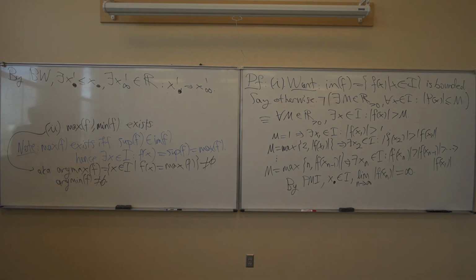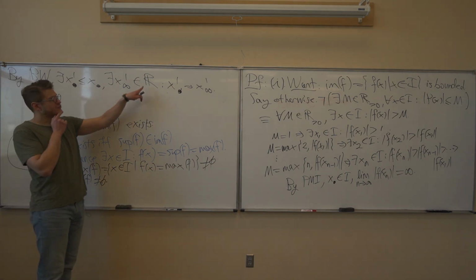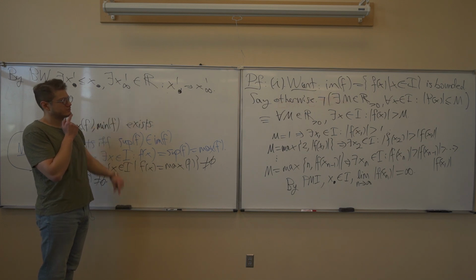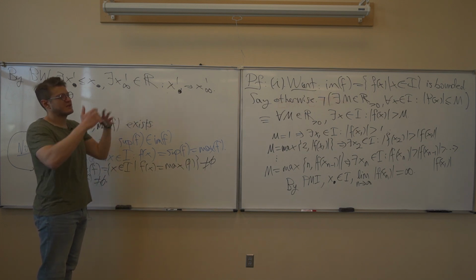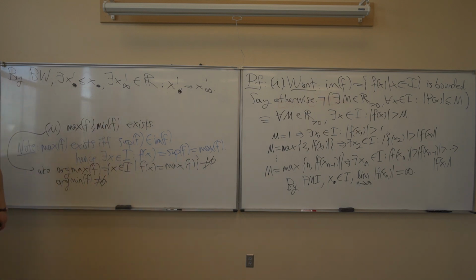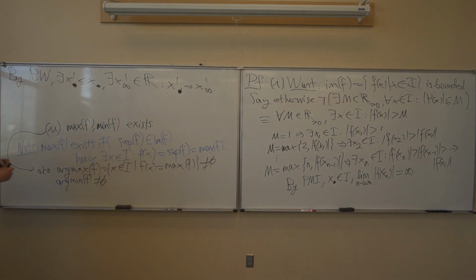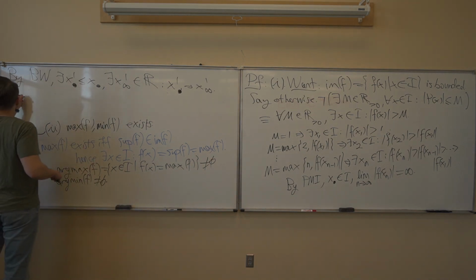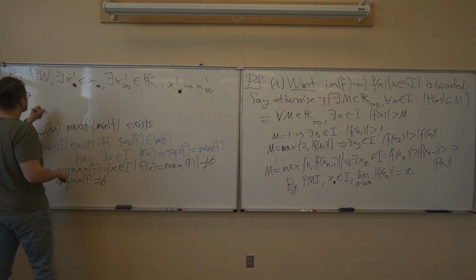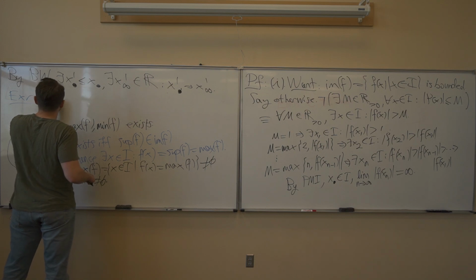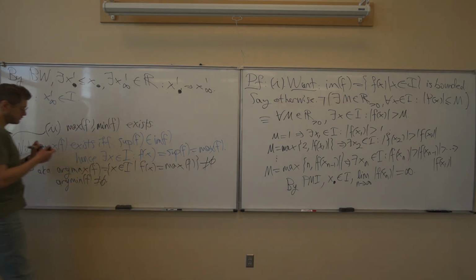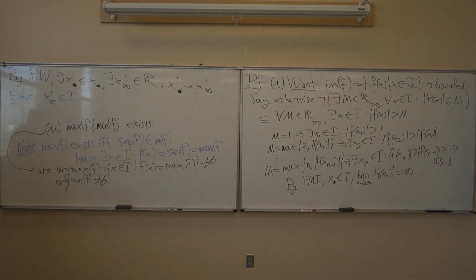Now I'm going to leave it to you as an exercise to realize that, in fact, this limit has to be in I. It cannot be some arbitrary real number. It cannot escape I itself. This is actually what it means for an interval to be closed, but never mind. You're going to see that in the sequel class if you do take that class. Okay.